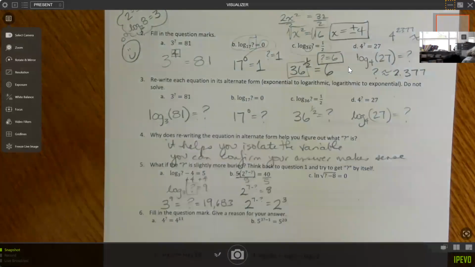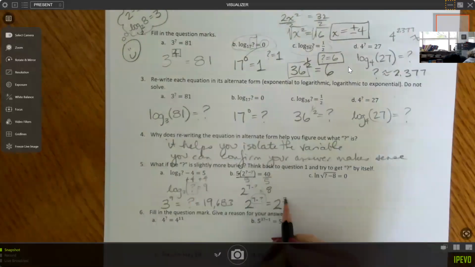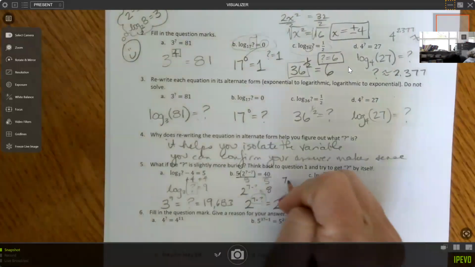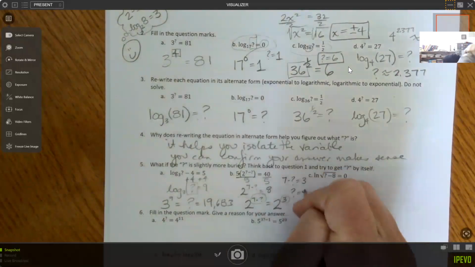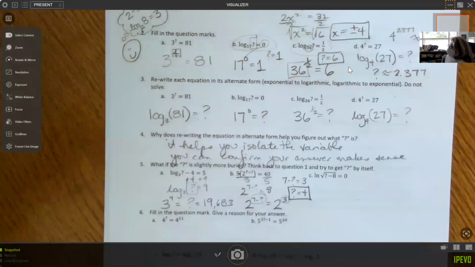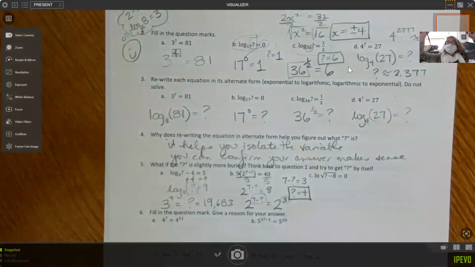So then it's super friendly. 7 minus something equals 3. Okay, we're all good that the something has to be 4. So if you're able to manipulate the expression so that the bases are the same and it's equal, then you get to just look at the exponent piece.